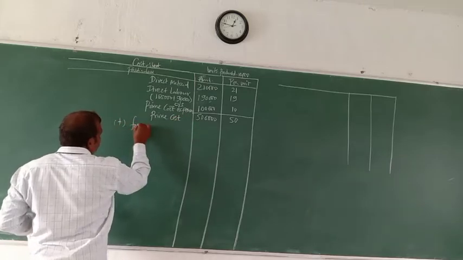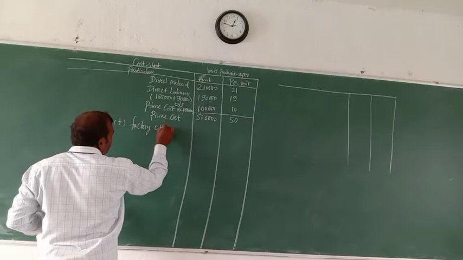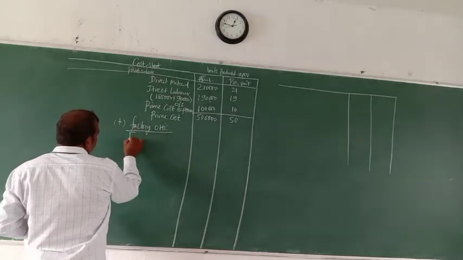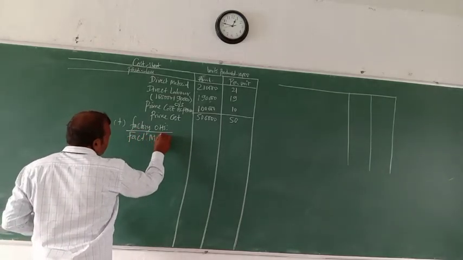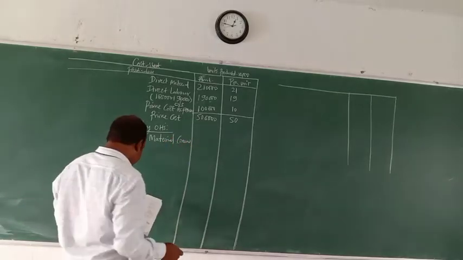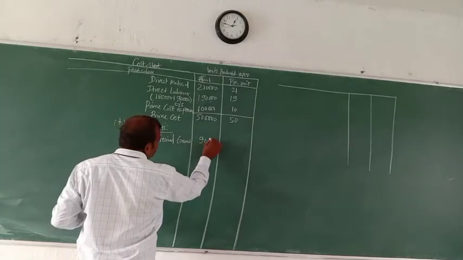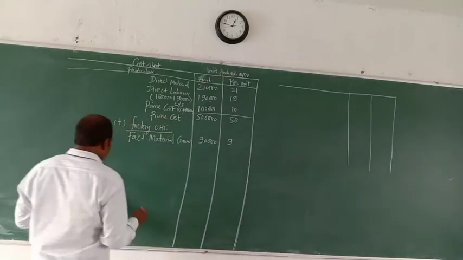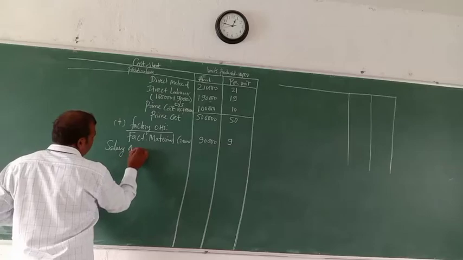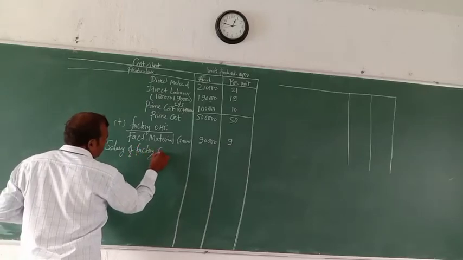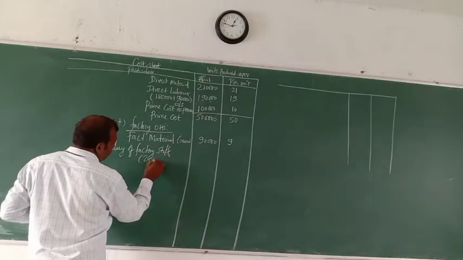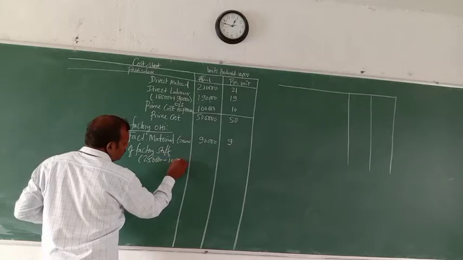Add factory overheads. So, one by one we take which factory overheads are given. Factory material consumed, 90,000 divided by 10,000 will get 9. Salary of factory staff, 2,50,000 minus 10,000 that is prepaid.